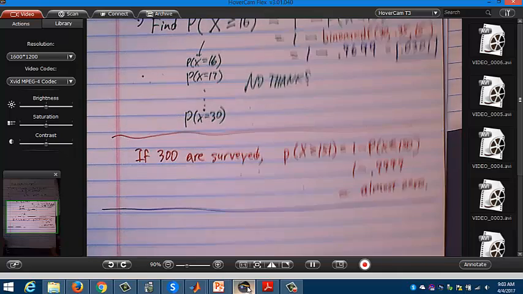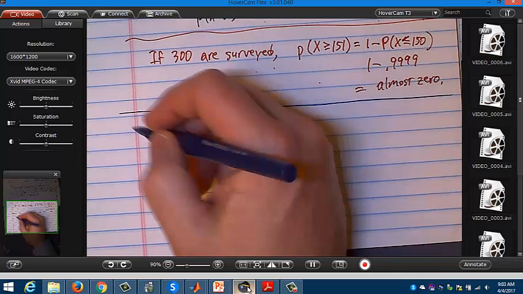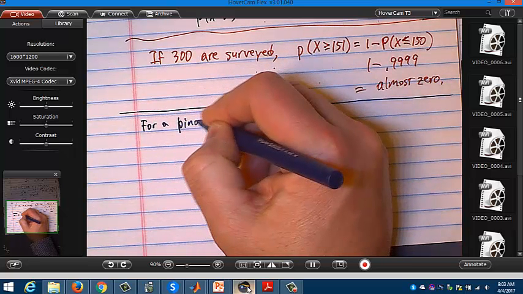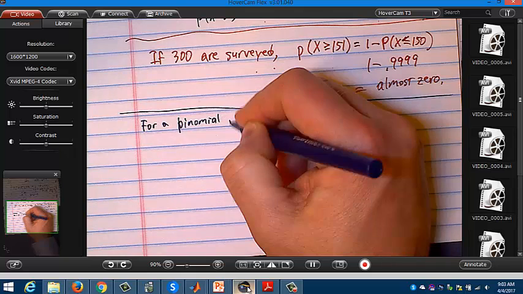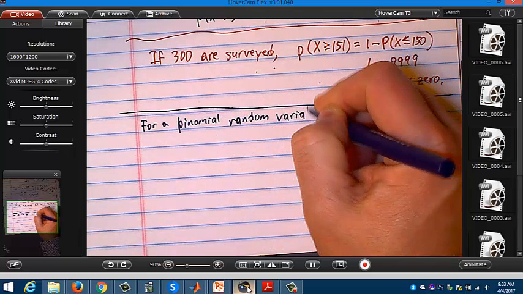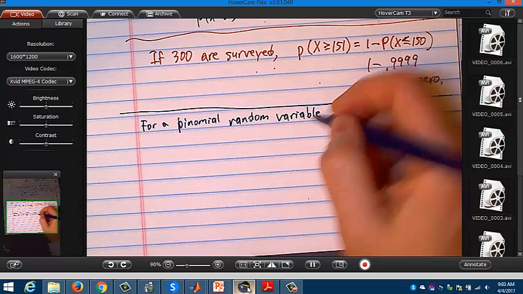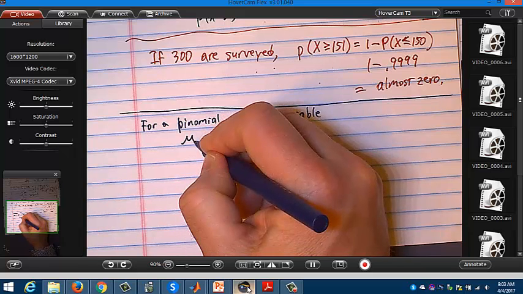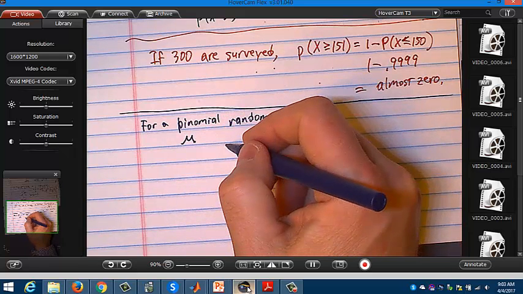So, for a binomial random variable, we have the following facts. The mean, mu, is equal to n times p.